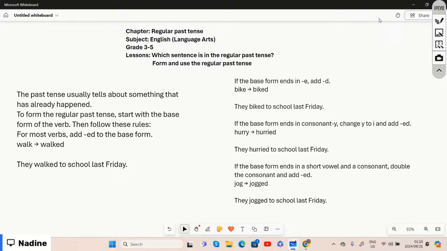The rules are that for most of our verbs we add an ed to the base form of the word. And if the word ends with an e, then we just add a d.